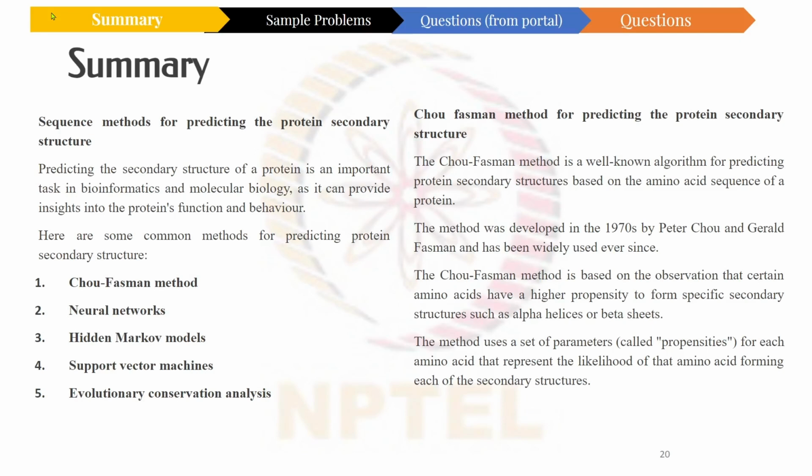For example, for a particular amino acid N, the probability of being in an alpha helix is more when compared to its probability of being observed in a beta sheet. So this method assigns a score to each amino acid based on its propensity to form a particular secondary structure. These scores are then used to calculate the probability that a given residue is in a particular secondary structure. How these propensities and probabilities are assigned, we'll be seeing next.